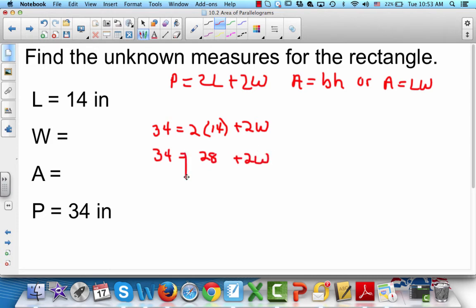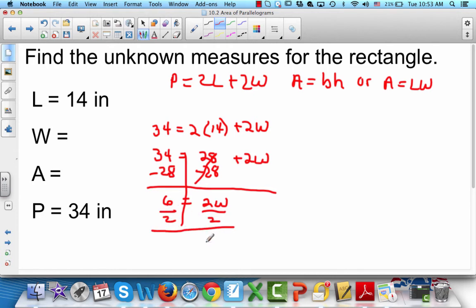Draw a line. Minus 28, minus 28. That cancels out. We're left with 6 equals 2w. We divide by 2, divide by 2, and that gives us w equals 3. So our width is 3.